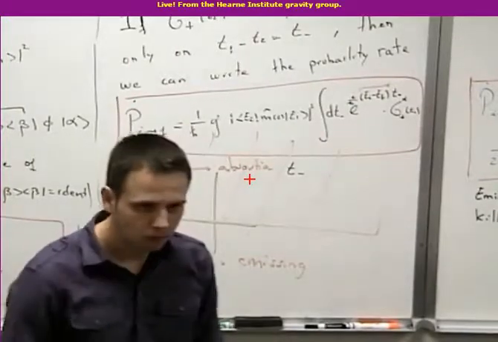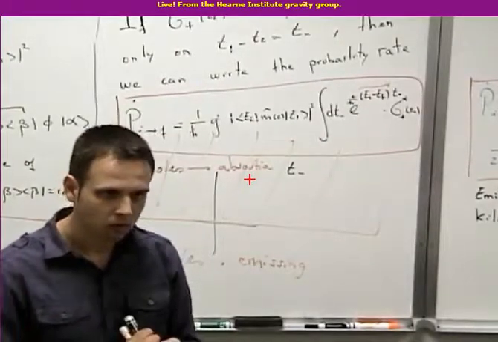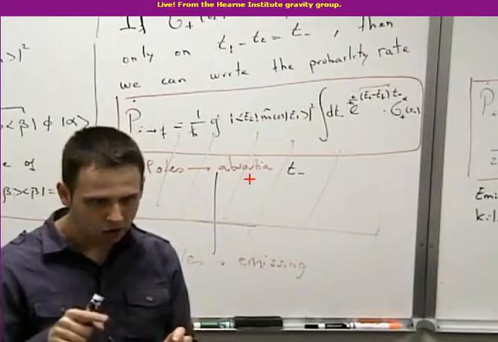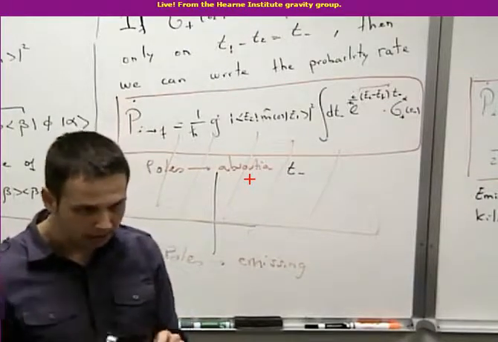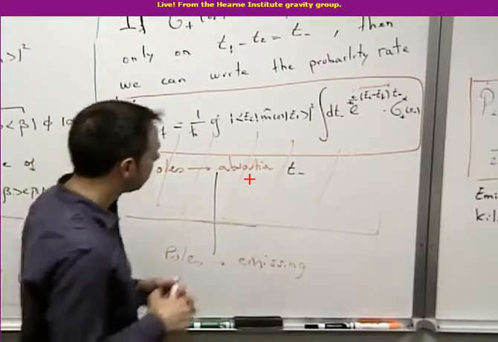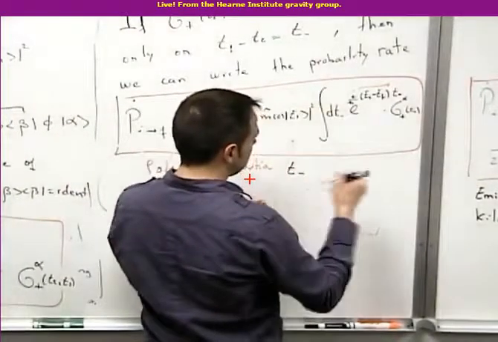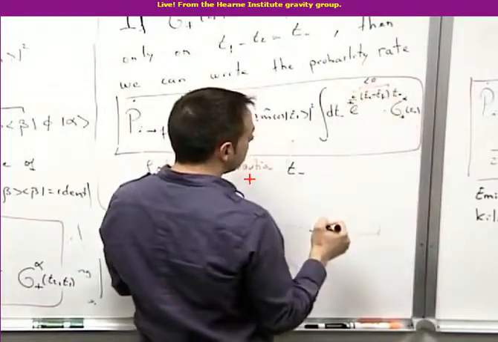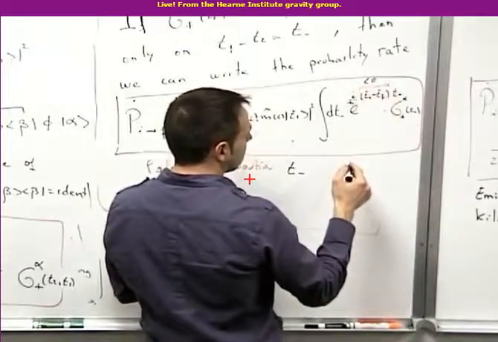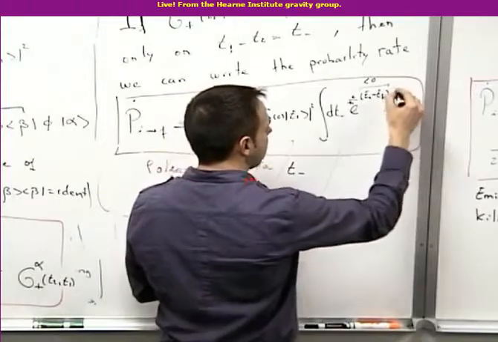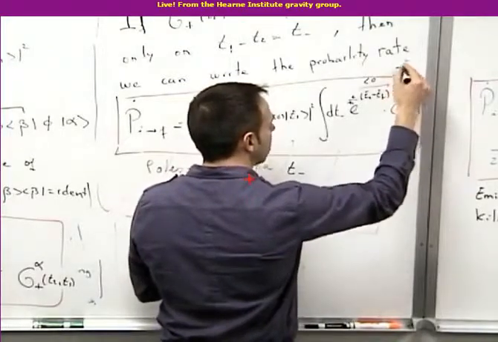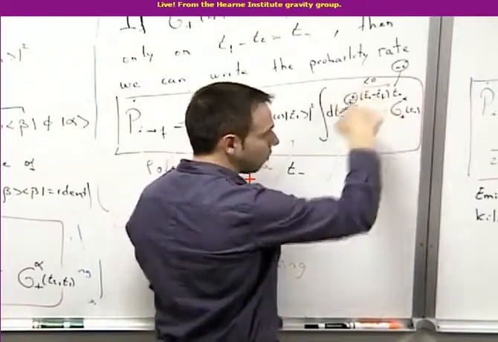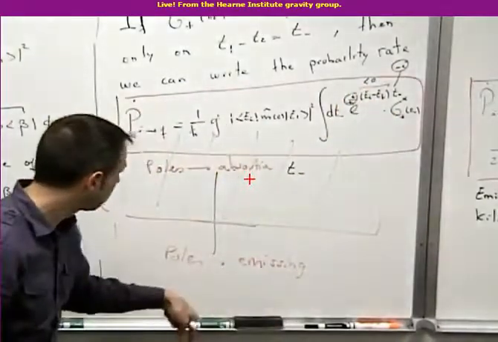In absorption, E_I minus E_F would be less than 0. In absorption, E_I will be E1, E_F will be E2, so that will be negative, smaller than 0. So what I need here is minus i, so minus i times minus i is 1, and I have negative with something very, very big. So shouldn't this be opposite?